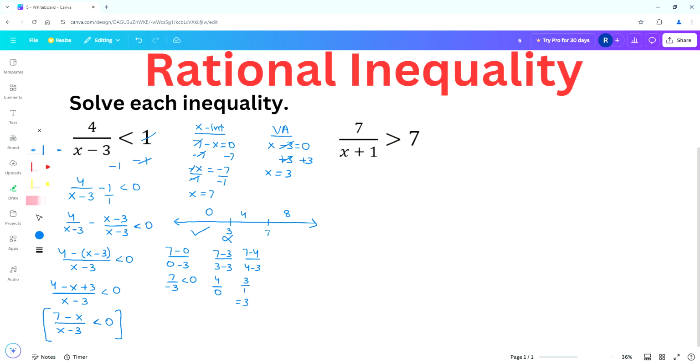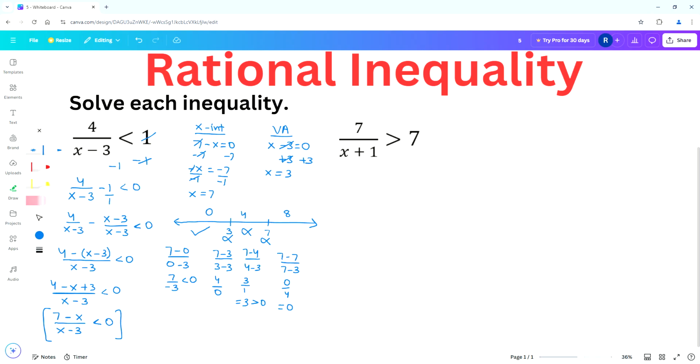I get 3, which is greater than 0. Therefore, the interval between 3 and 7 does not satisfy the inequality. Next, we can sub in x as 7. Since we are looking for x values that will make the inequality less than 0, x equals 7 does not work.